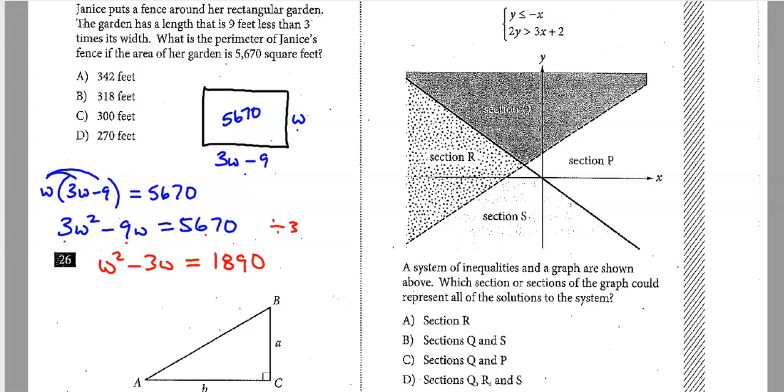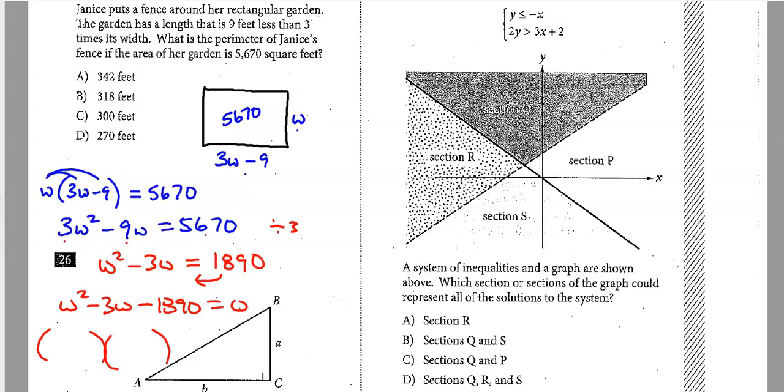So to factor this thing, we need to move this number to the other side, set it equal to 0. So we have W squared minus 3W minus 1890 equals 0. And I'm trying to figure out what two factors can make that. I got a couple clues here.